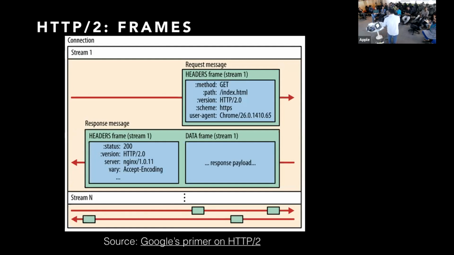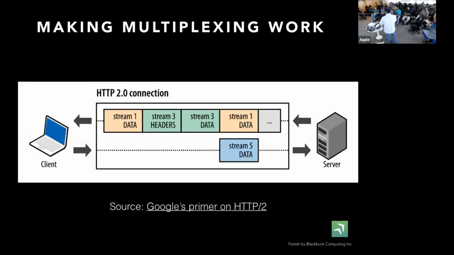So there is a very high level of concurrent network operation going on when you map requests and responses to the HTTP protocol layer. You can have multiple streams with their own headers and data traversing the network at the same time.